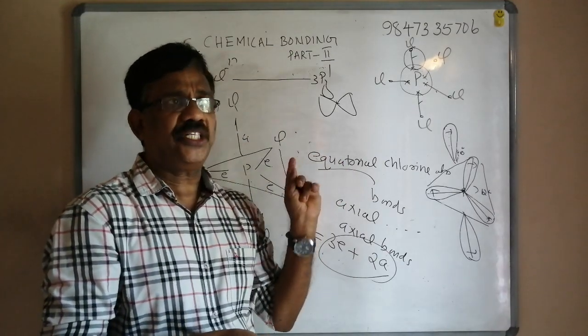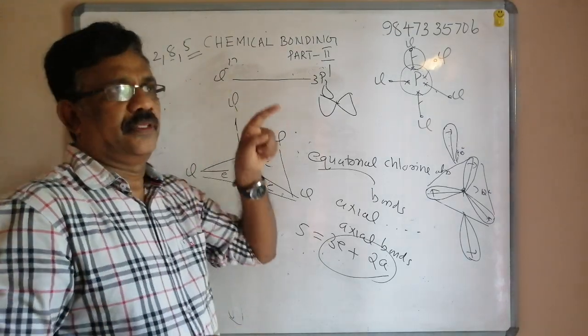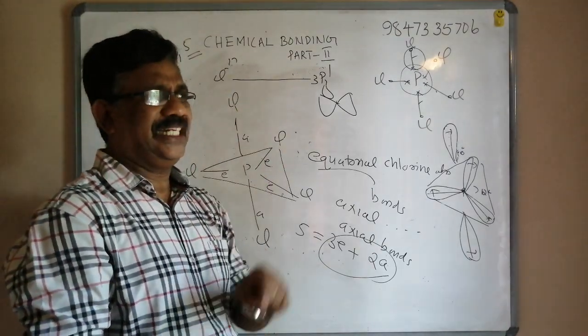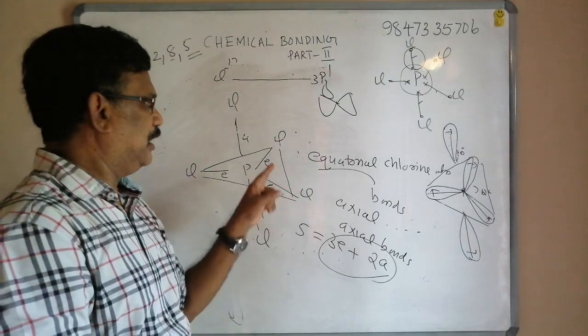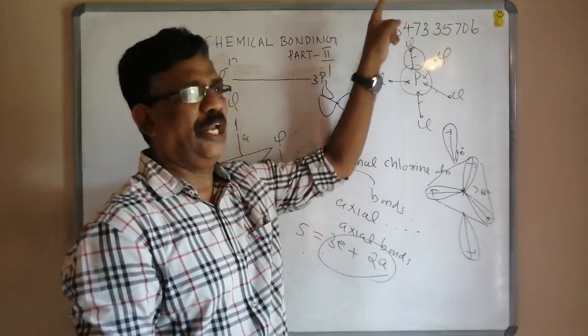So all bonds should be the same. But electron diffraction studies show that the axial bond is a little longer than the equatorial bond. This bond is short, this bond is long.